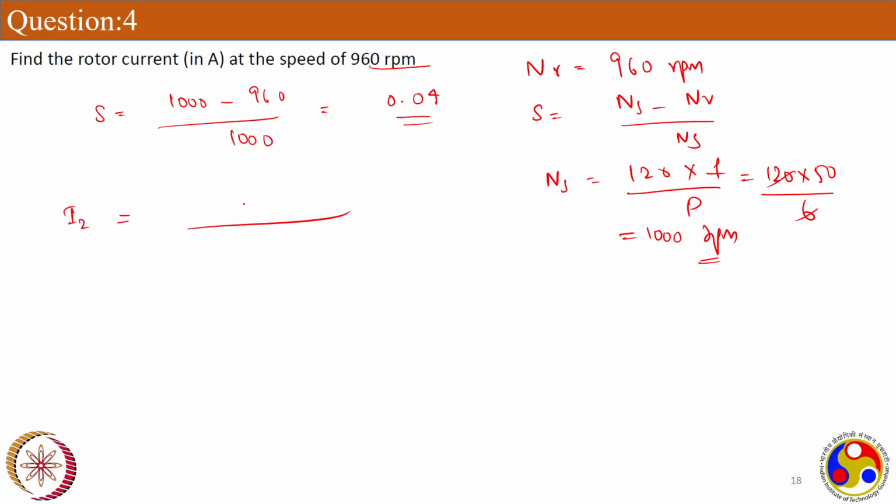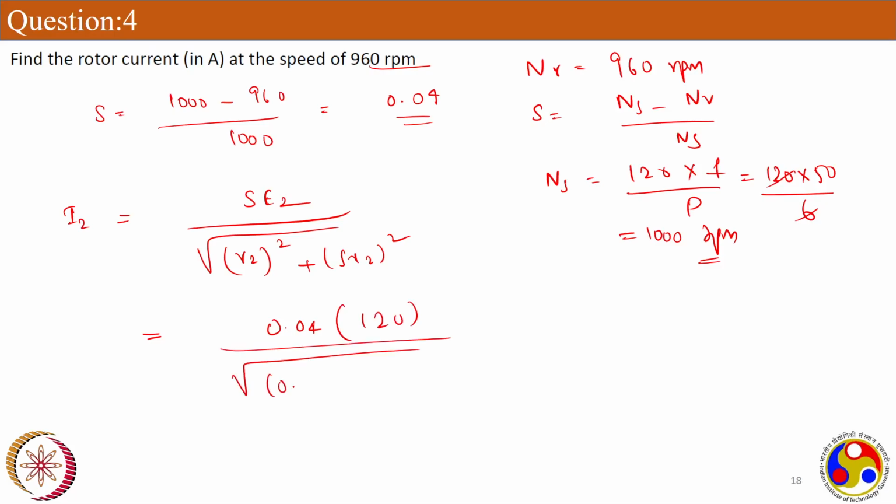Now the rotor current formula, which we already derived today, that is at any slip, because now the slip exists: SE2 divided by the square root of R2 square plus SX2 square. Now it's just simply substituting. 0.04 multiplied by 120, divided by the square root of R2, which is 0.25 square, plus, now it's not the standstill reactance anymore, it's slip multiplied by standstill reactance, so 0.04 multiplied by 1, square.